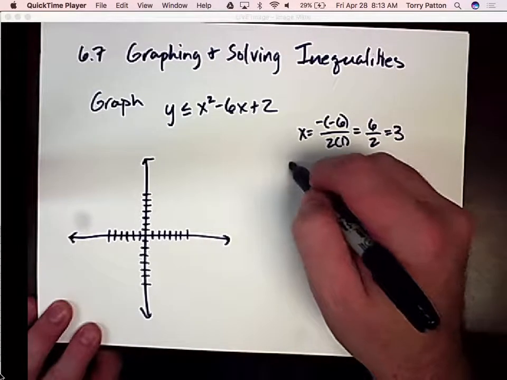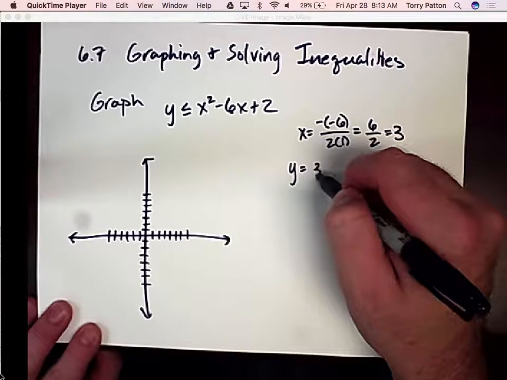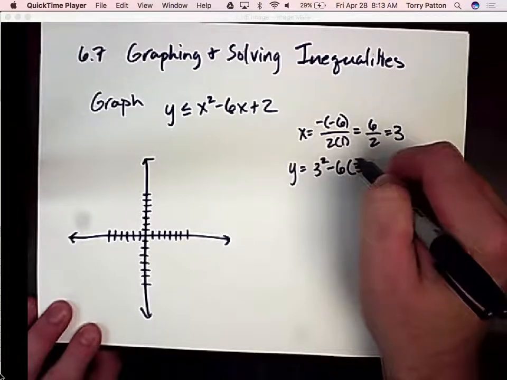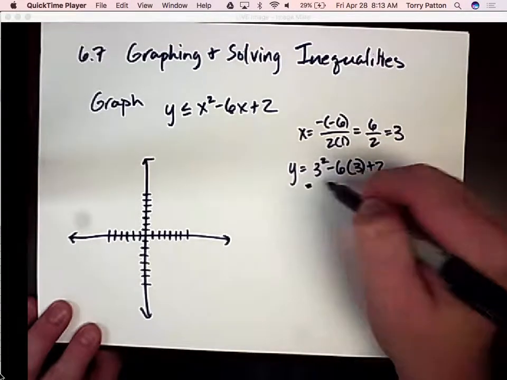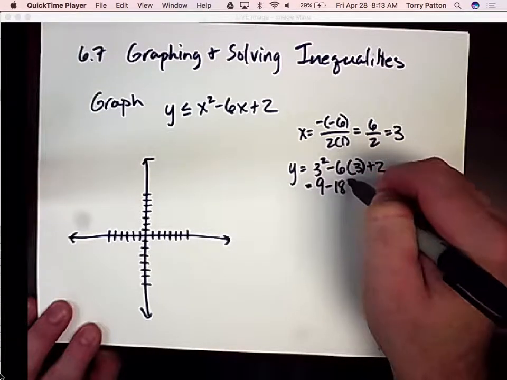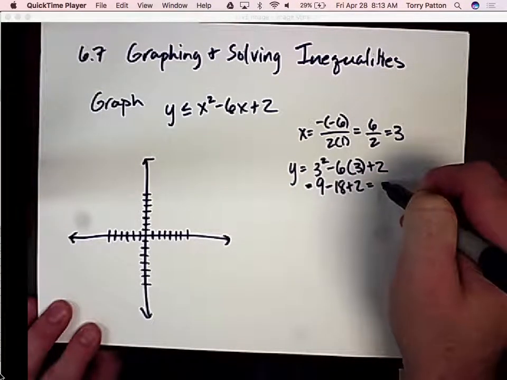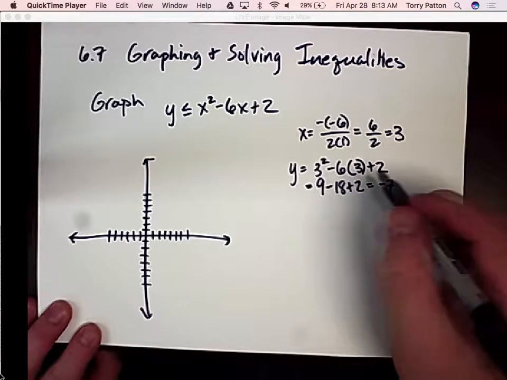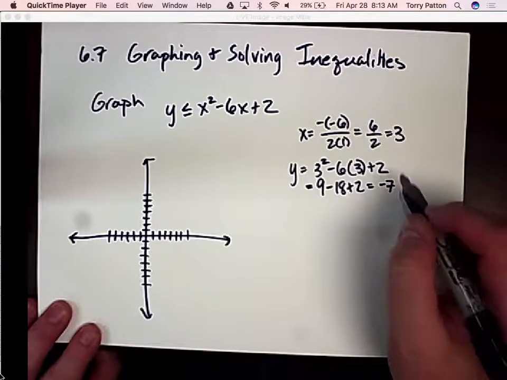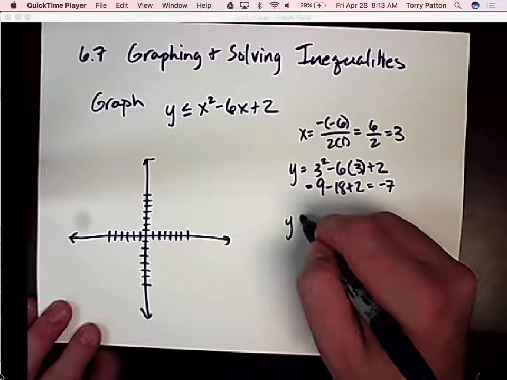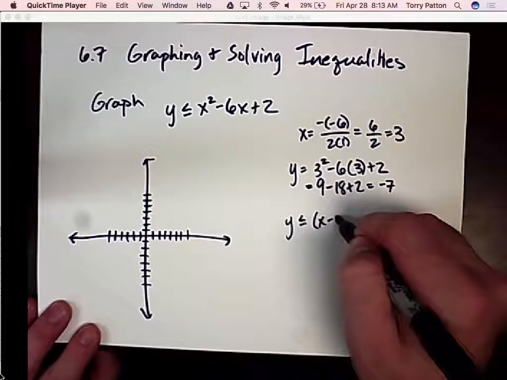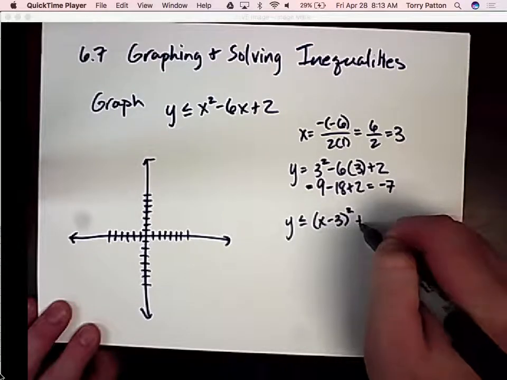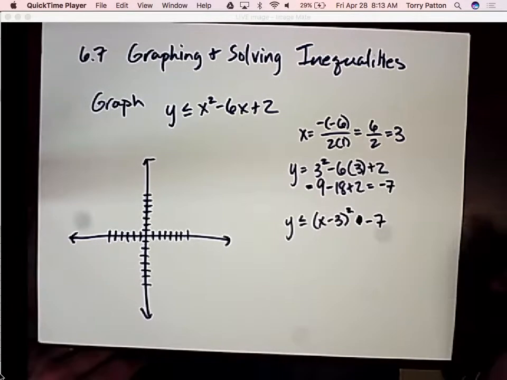And therefore y would be 3 squared minus 6 times 3 plus 2. So that's 9 minus 18 plus 2, which is negative 7. So the vertex is at 3, negative 7. So we know it is y is less than or equal to x minus 3 squared minus 7.